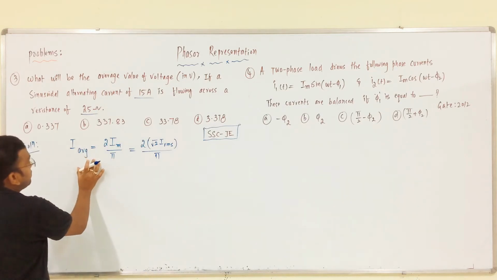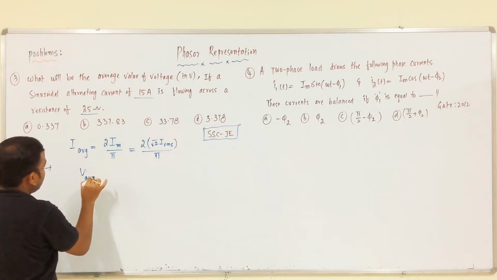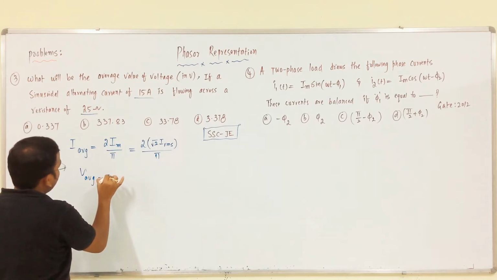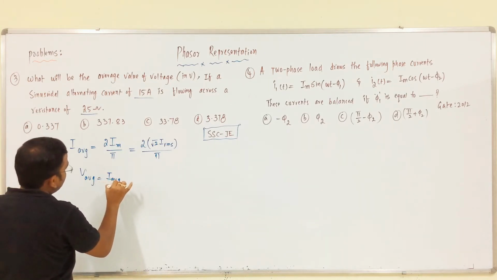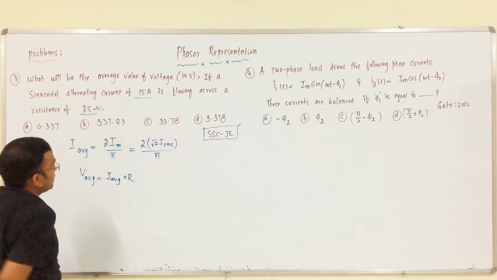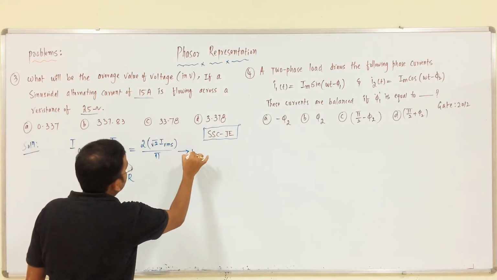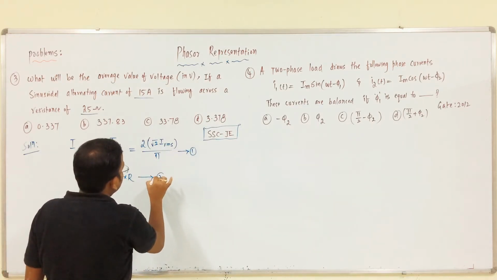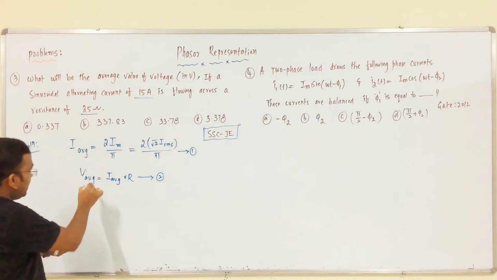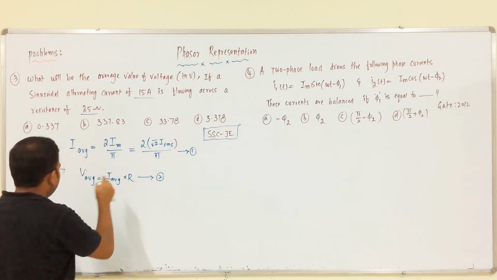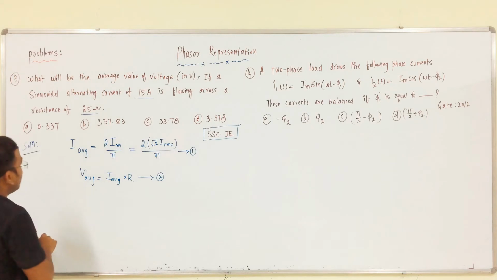We need V average, which is equal to I average into R, that is it. We have to calculate I average first, later substitute that I average value into this equation. Problem is over. Therefore, I average is nothing but what?